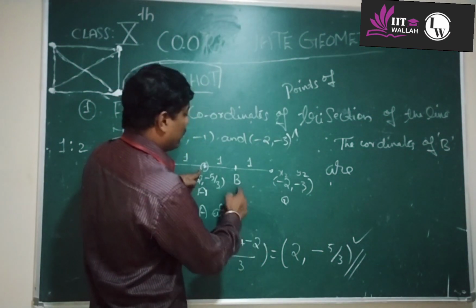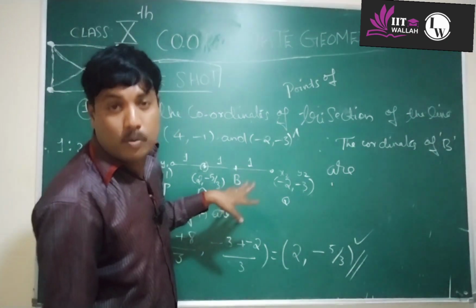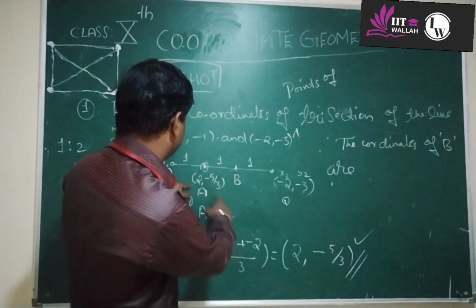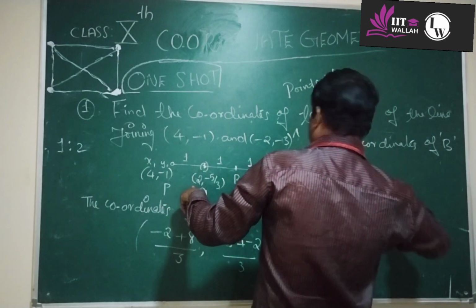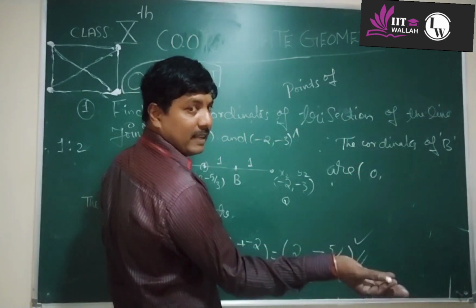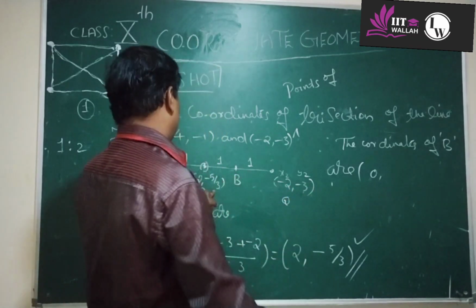That means you can apply the midpoint formula here: x1 plus x2 by 2, y1 plus y2 by 2. That means 2 plus minus 2 is 0, so 0 upon anything is 0. And this plus this by 2.